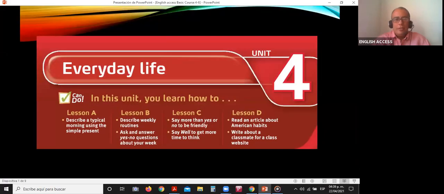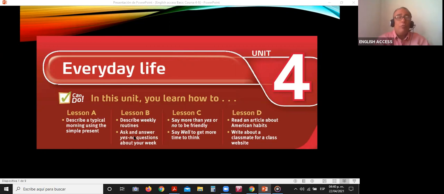We are in unit number 4, everyday life, and we are continuing learning about how to describe a typical morning with the present simple. Lesson B, describe weekly routines with more activities we do during the week and answer yes/no questions.